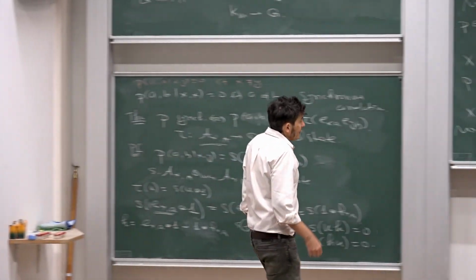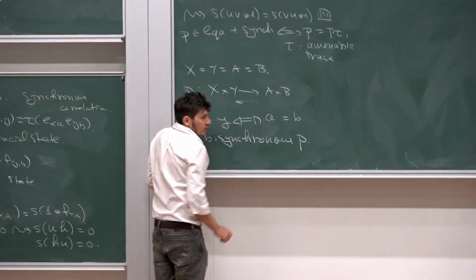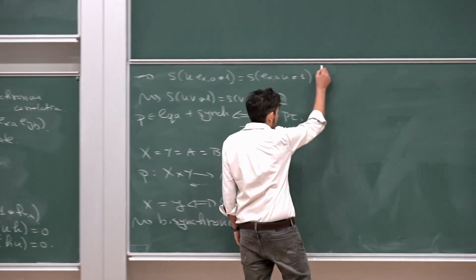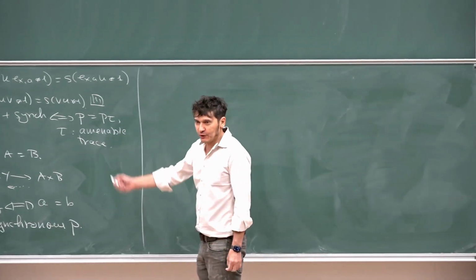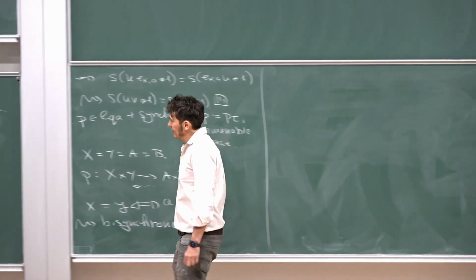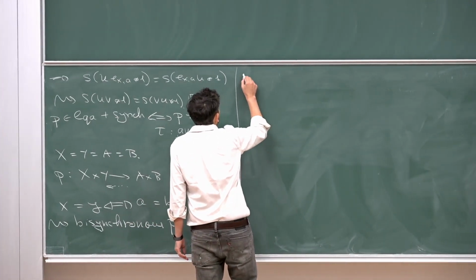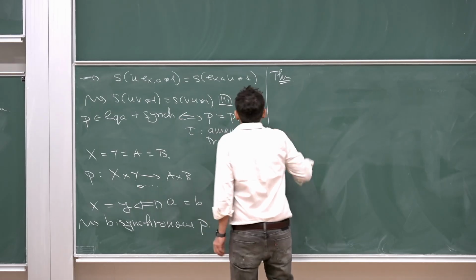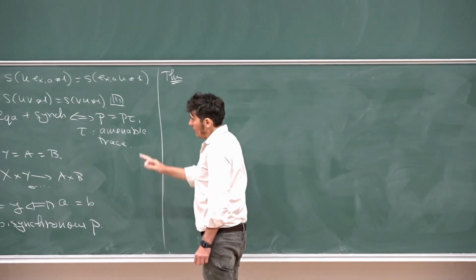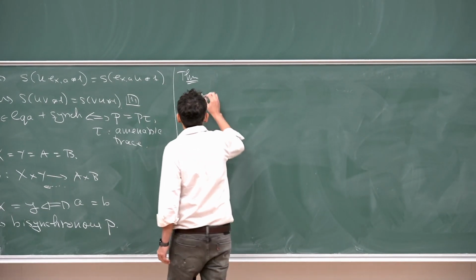And now, what kind of representation can you have for bisynchronous correlations? Well, let's represent it through a trace of my AXA algebra. So now, theorem, if you wish. I will just formulate it for the QC class.